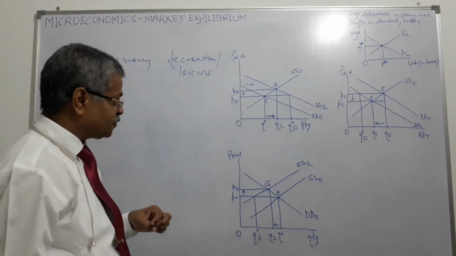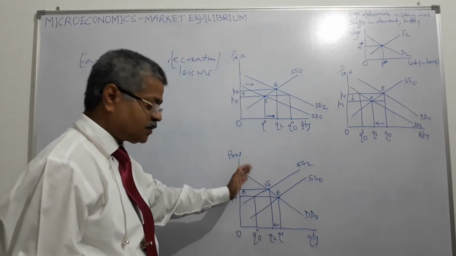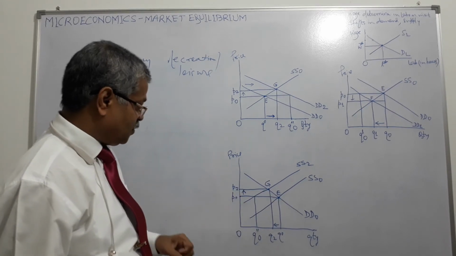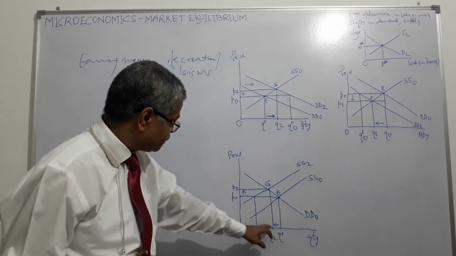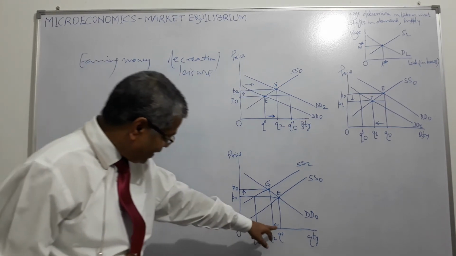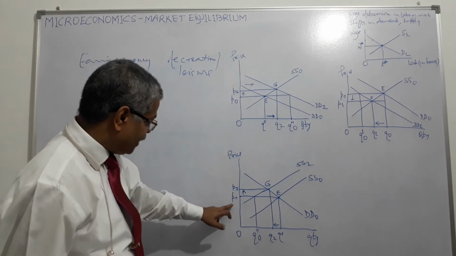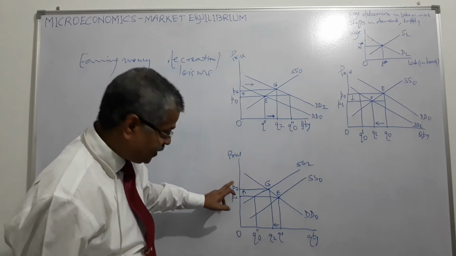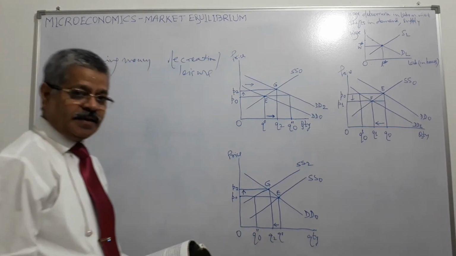When the market supply curve has shifted leftward, upwards, with the market demand curve remaining constant, quantity supplied has decreased and price has gone up. So supply is less, price is up, right? And the new equilibrium is at G, where price is P2, increased price, and quantity is OQ2, reduced quantity, right?